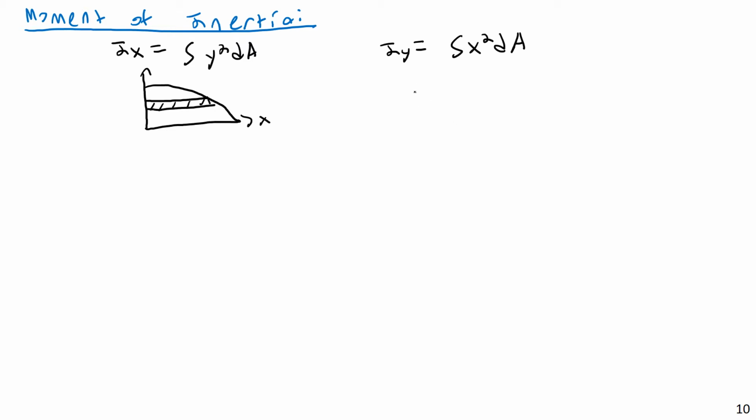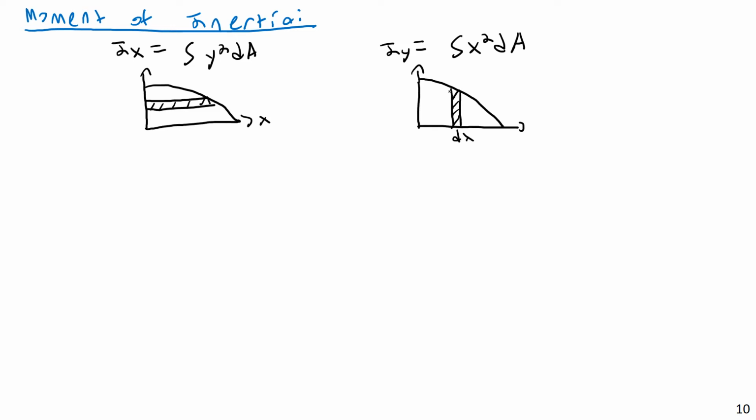Iy usually isn't quite as bad, because in most cases we can use a vertical differential element. Our equation is often provided in a y equals f(x) form anyway, so we can just have a dx, and that works quite well.